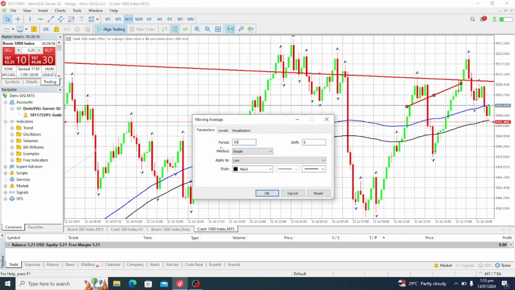The period is 99, the method is simple, then apply to is low. You can choose whatever color you wish to use. Then you press your OK button.